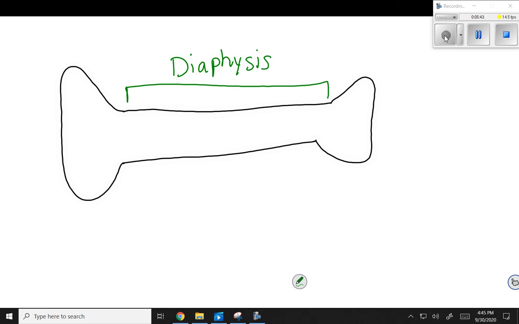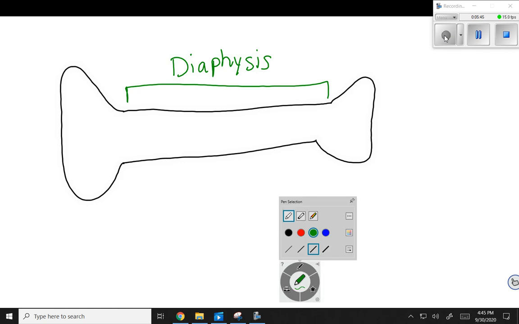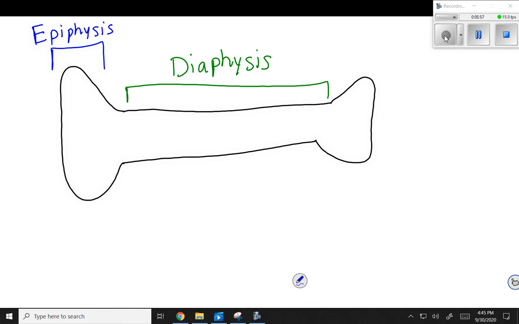And then the ends, where they flare out, are called epiphyses, or singular epiphysis. Epiphysis. And then same thing down here. So all long bones would have one diaphysis and then an epiphysis on either end.